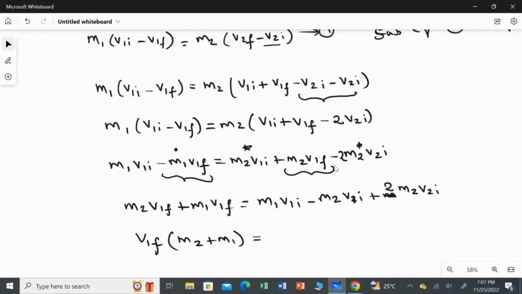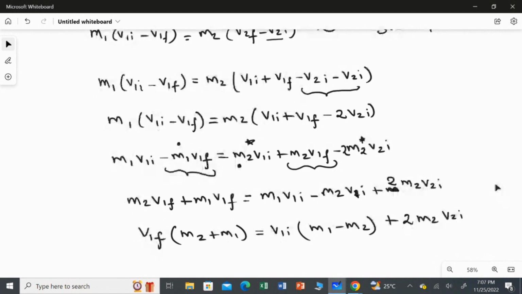This is V1 initial. I just made a mistake here. See here, we have this V1 initial, right? So I'm going to take V1 initial as a common term. So V1 initial, if you take as a common, what will happen? M1 minus M2, and this one 2 times of M2 multiplied by V2 initial. Clear?